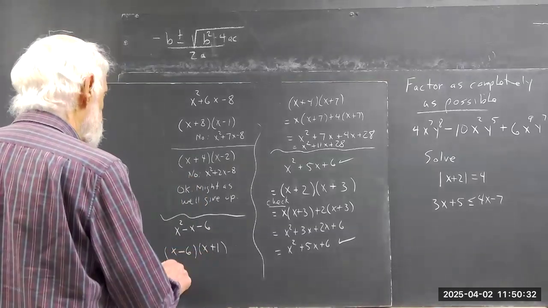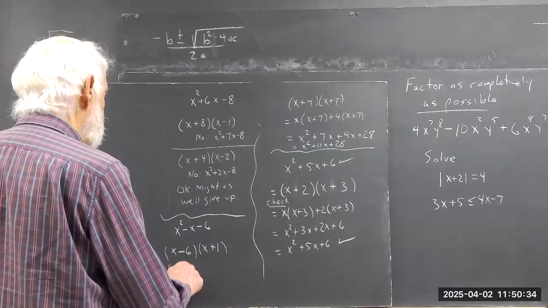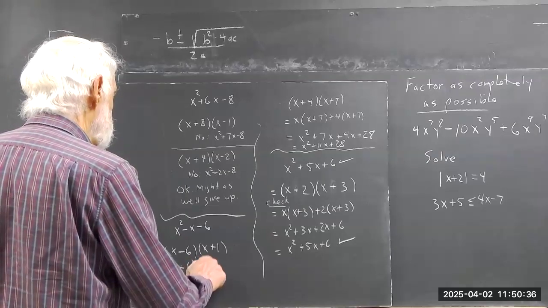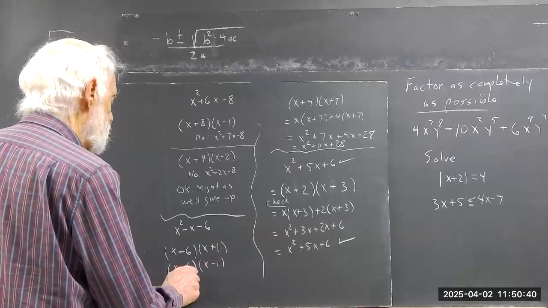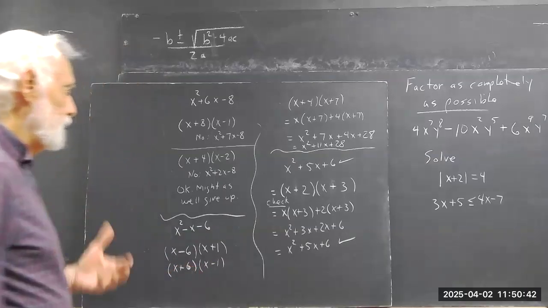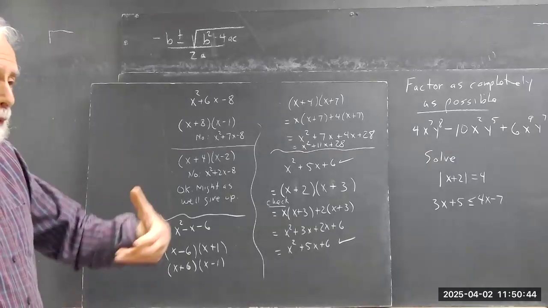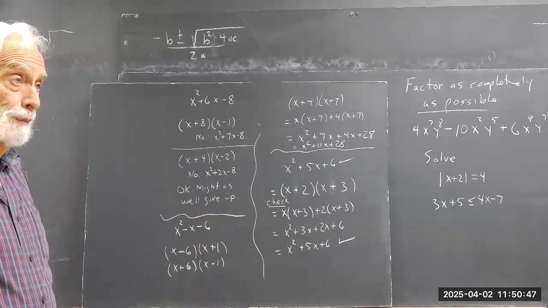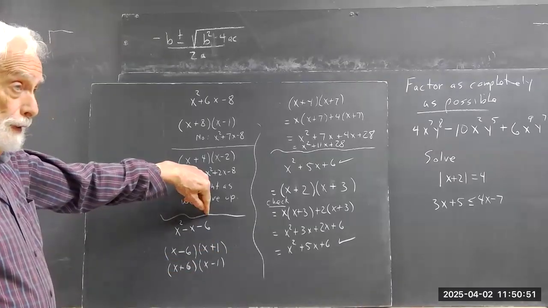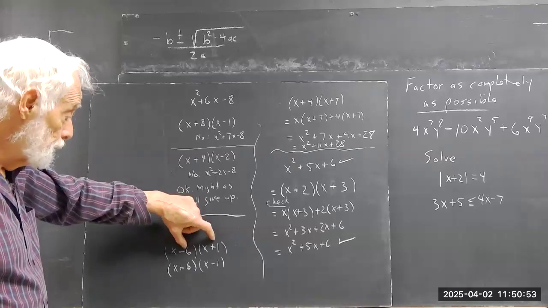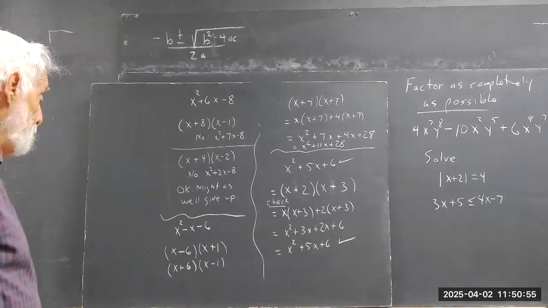Now, if I do x minus 6 times x plus 1, or x plus 6 times x minus 1. 6 times 1 gives us 6. And if we have different signs on the 6 and 1, we're going to get -6. Now that's two ways to get different signs.